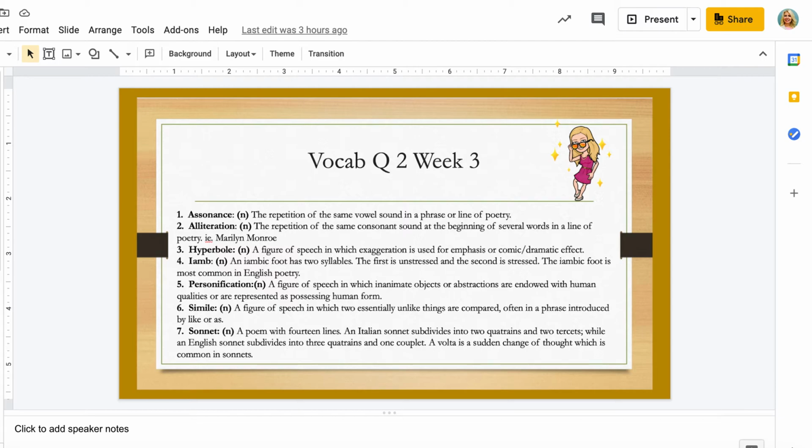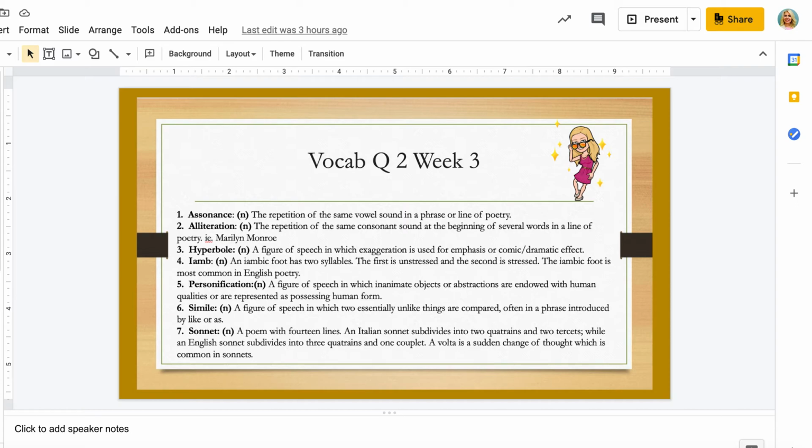That is a simile. Now, I want to backtrack and I want to talk to you now about number 4, an iamb. An iamb is basically an iambic foot, and it has 2 syllables. This term is used in the poetic sense of measuring beats or syllables in poetry.